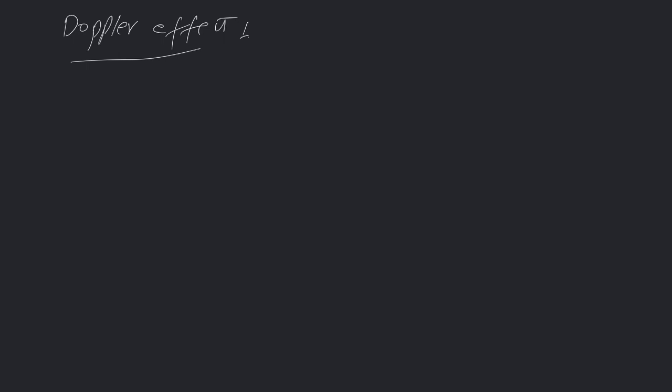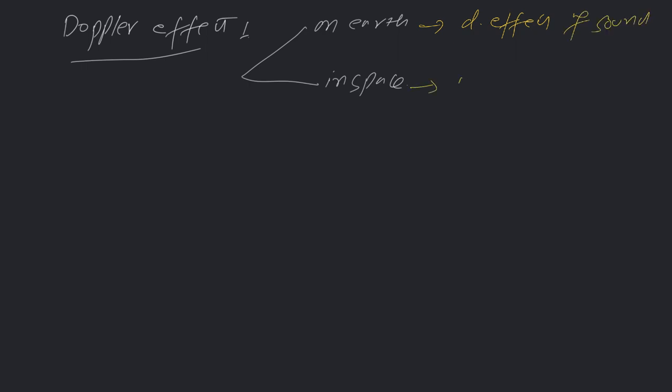We can observe the Doppler effect on Earth or in space. On Earth, it is the Doppler effect of sound, and in space it will be the Doppler effect of light.